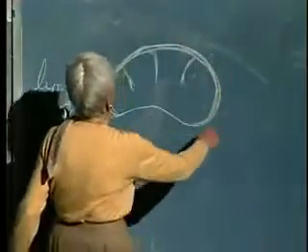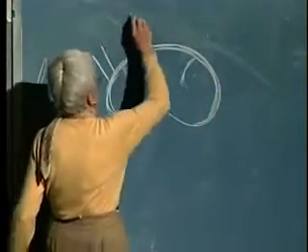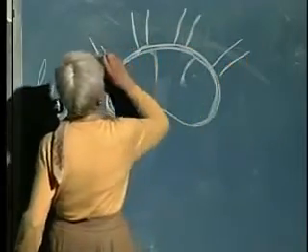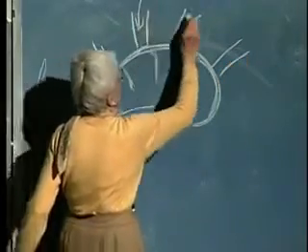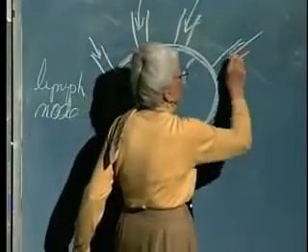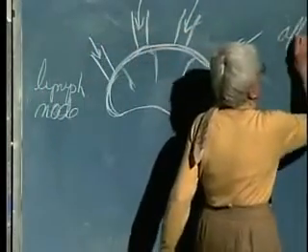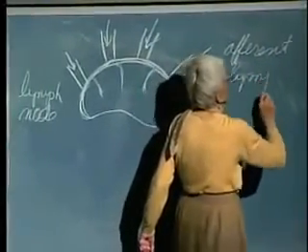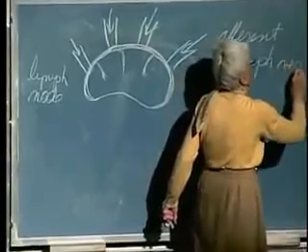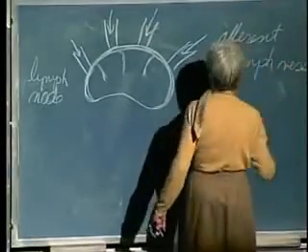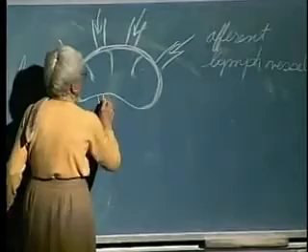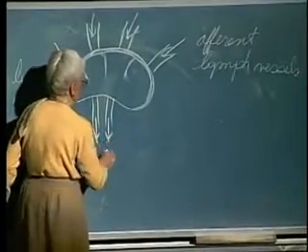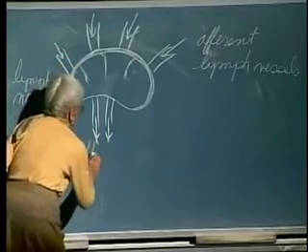In the large curvature here, we're going to have afferent lymph vessels. These are afferent lymph vessels. And we'll have efferent lymph vessels. E for exit. Efferent.